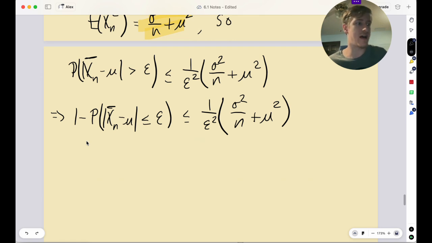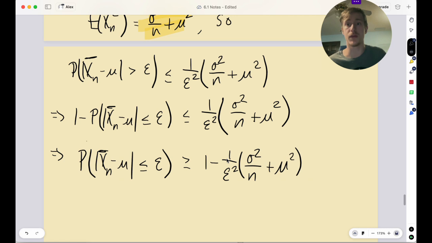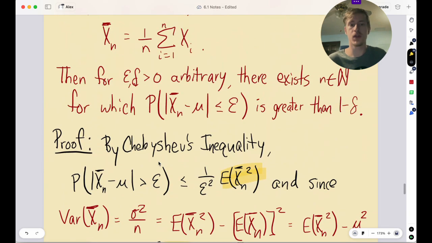What you're going to have ultimately is that the probability that xn bar minus mu is less than or equal to epsilon is greater than or equal to 1 minus 1 over epsilon squared times sigma squared over n plus mu squared. We're almost done proving the theorem. Why are we almost done? If you look at the theorem, we want that to be greater than 1 minus delta.